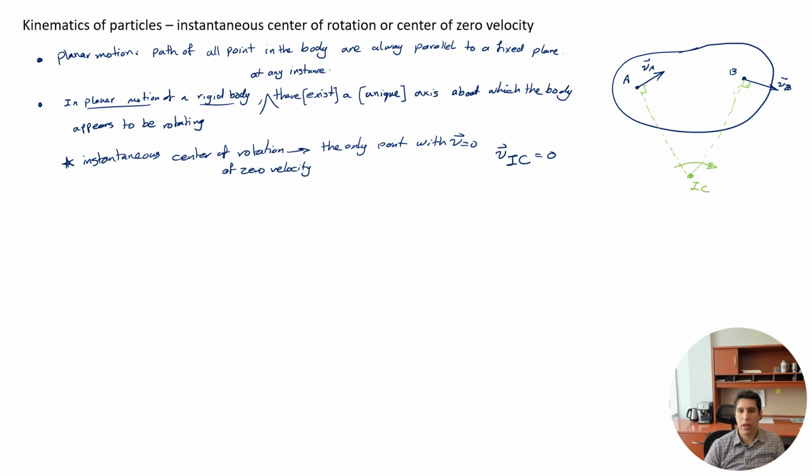From here you can find that the instantaneous angular velocity omega is VA divided by rho A, the distance to that point, equals VB over rho B.